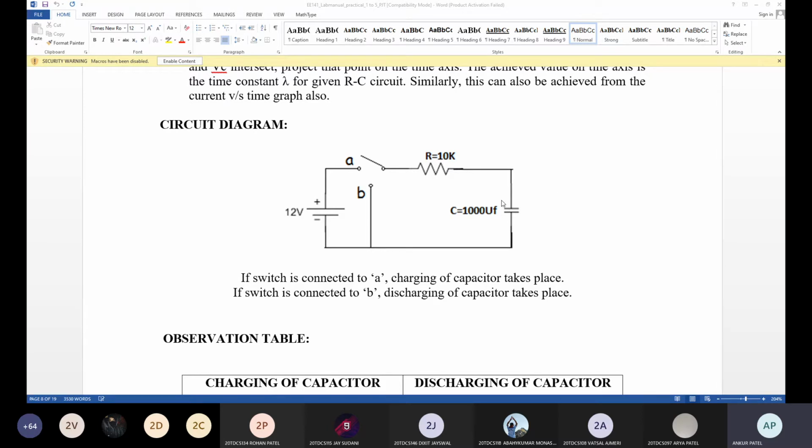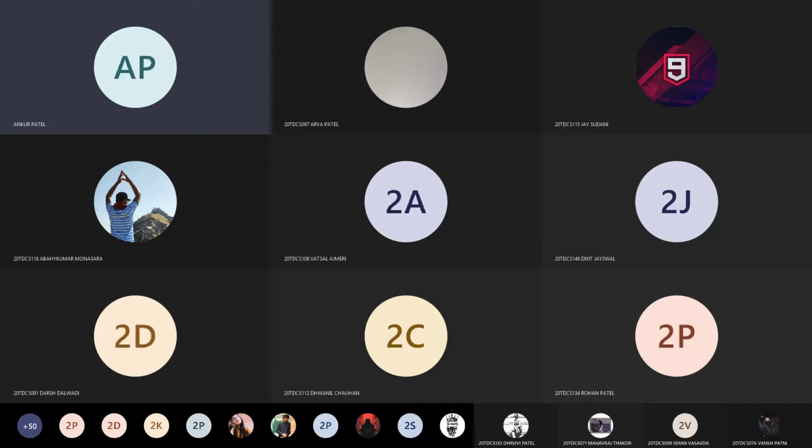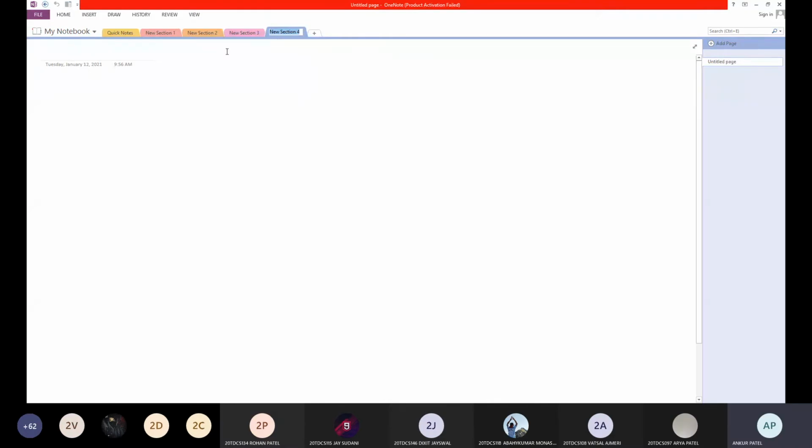Okay, so in the graph you will get it like this. You will get this type of graph for charging. We are taking the reading with respect to time. So here we have V versus t.